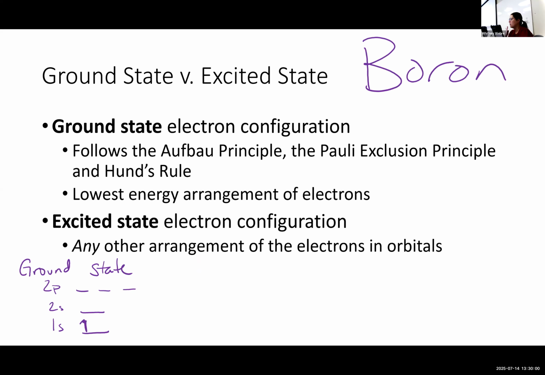If it's in ground state, you treat it the way that we've been doing. So boron is number 5. So 1, 2, 3, 4, 5. So you fill in the lowest energy and you work your way up. That is ground state.